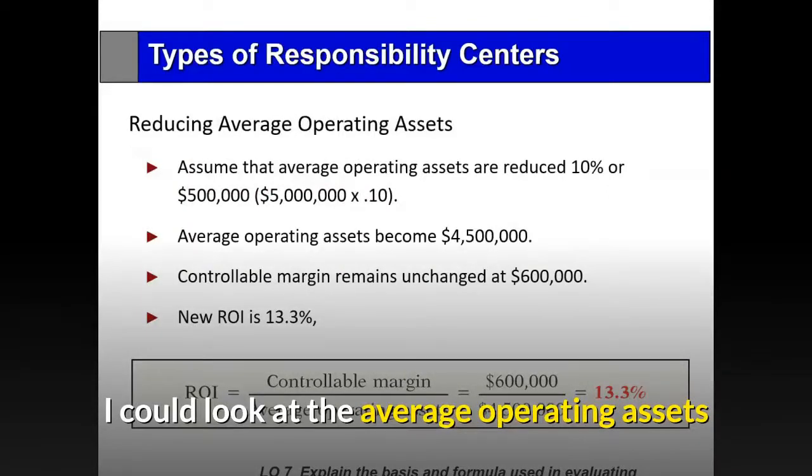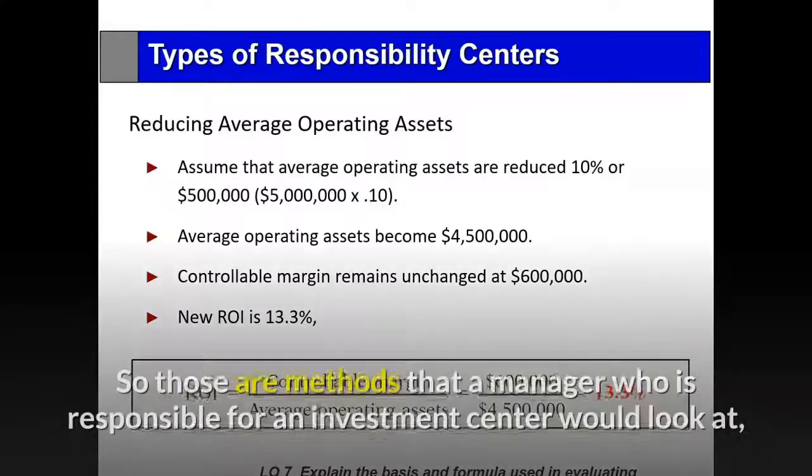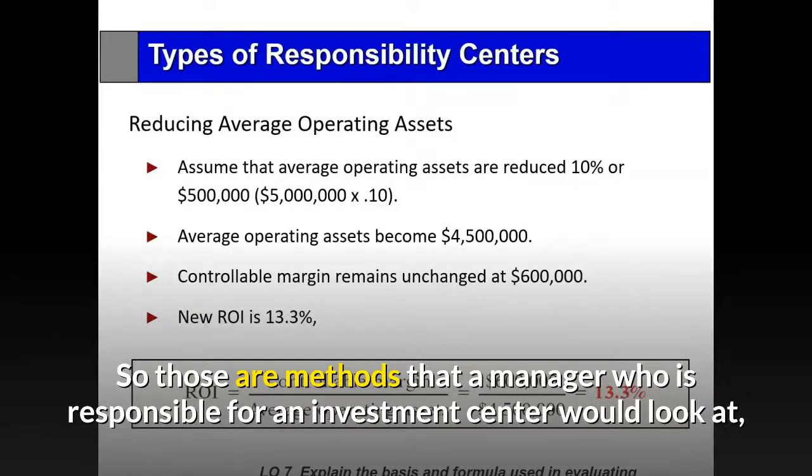Thirdly, I could look at the average operating assets that I'm using, and in some way, if I'm able to reduce that, with my original controllable margin of 600, I again would increase my ROI. So those are methods that a manager who is responsible for an investment center would look at.